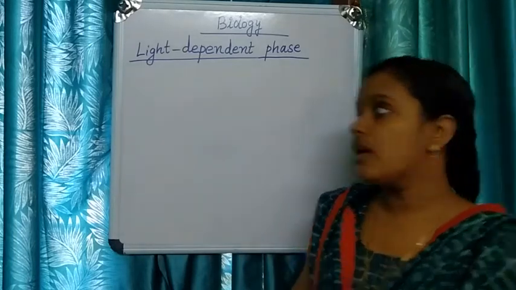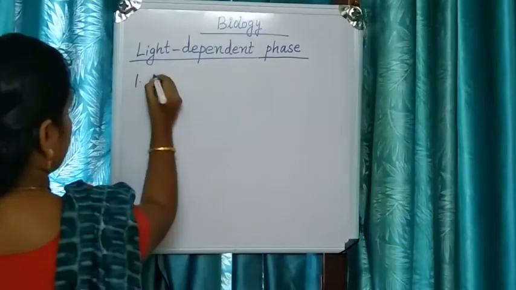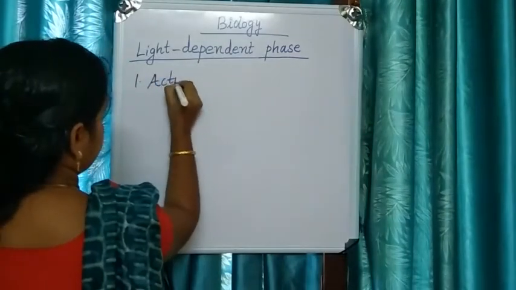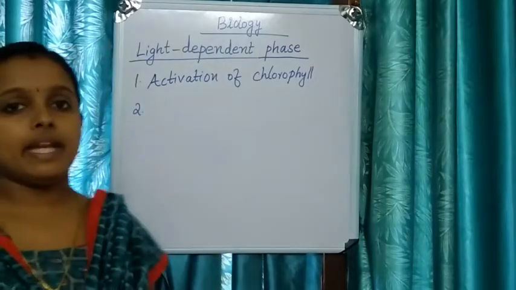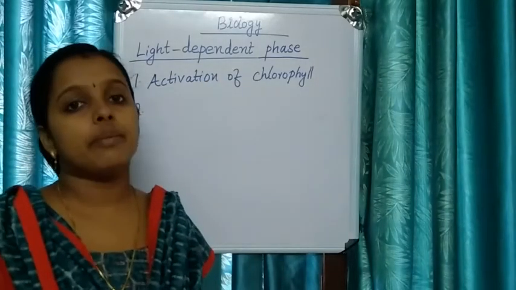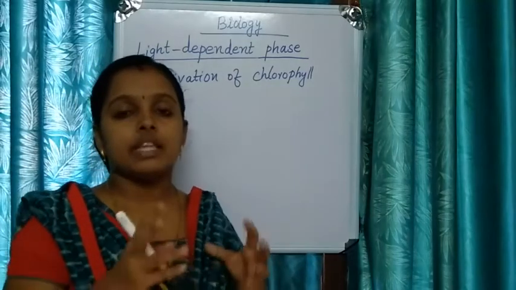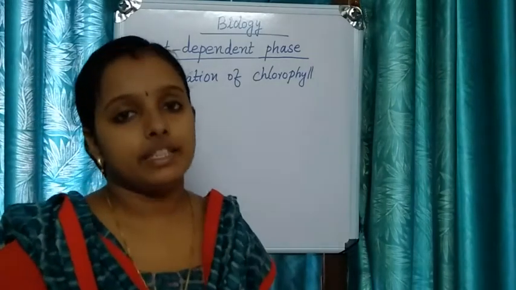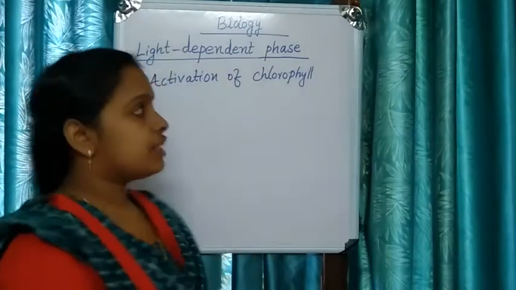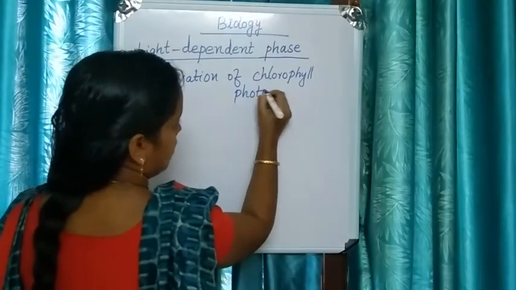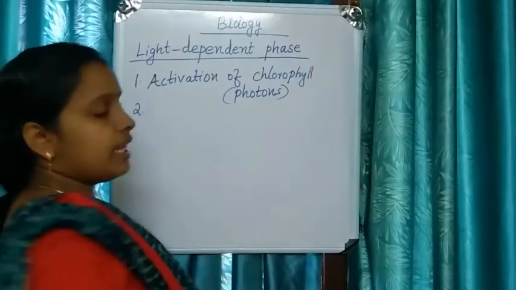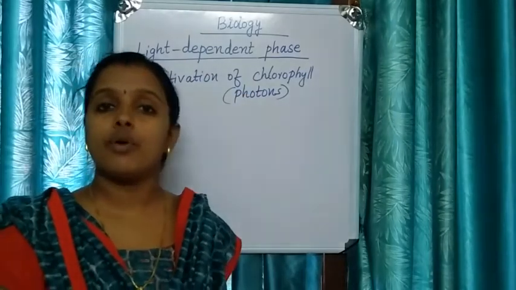So, two steps. First one, activation of chlorophyll. In this step, chlorophyll becomes activated in the presence of light. The unit of light energy is known as photons.